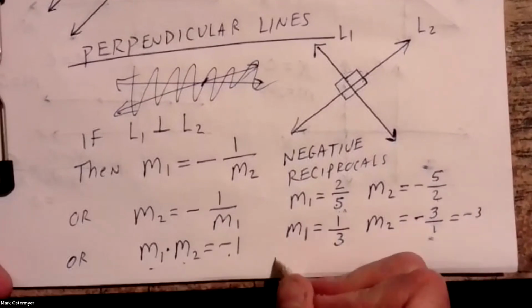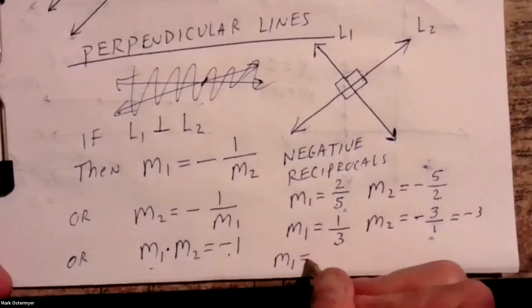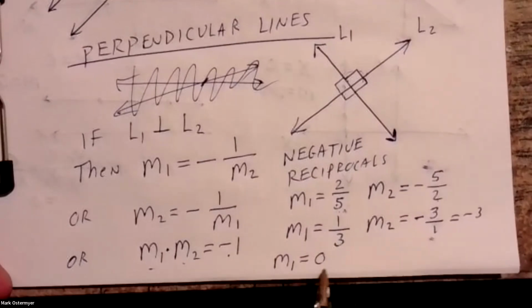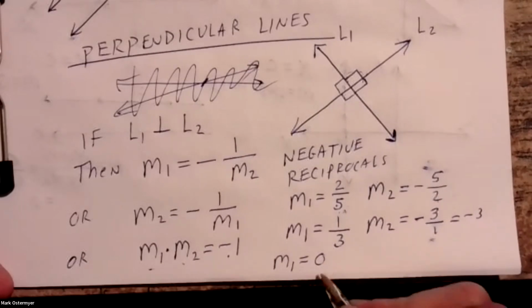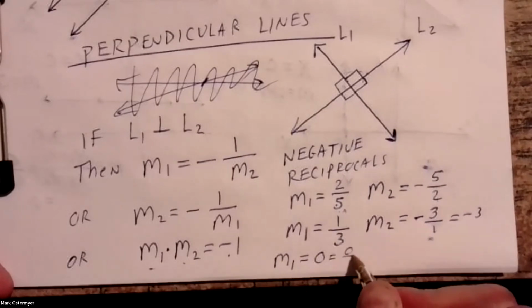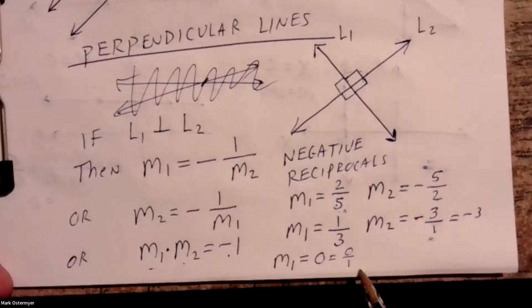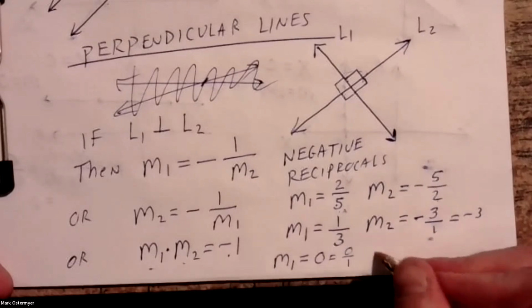Now watch this. What if the slope of line 1 is 0, meaning it's a horizontal line? What would have to be the slope of a line that's perpendicular to this? In other words, what would be the slope of a vertical line to this horizontal line? What's the negative reciprocal of 0? Technically, this is 0/1. What's the negative reciprocal of 0/1?